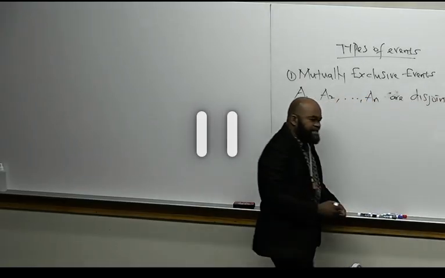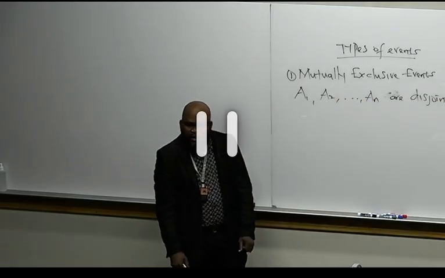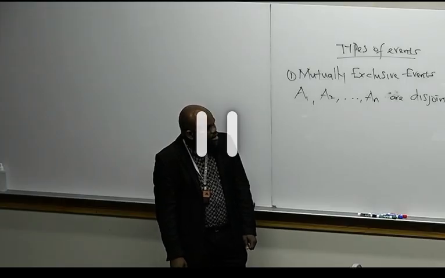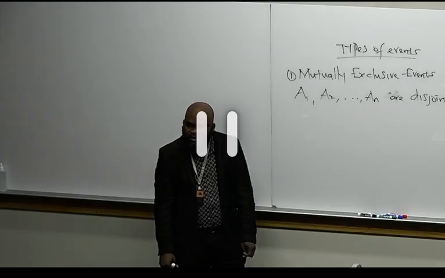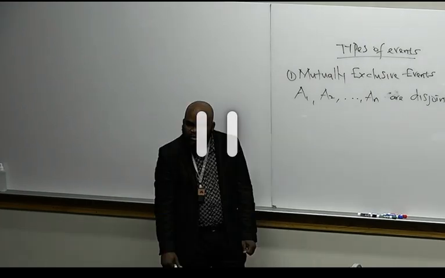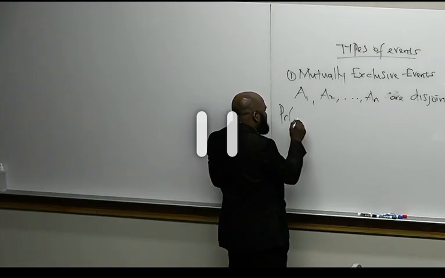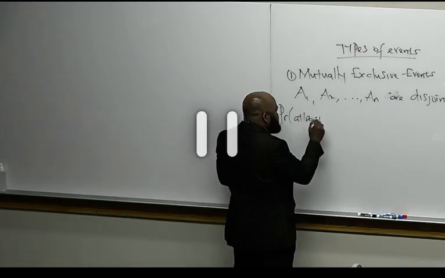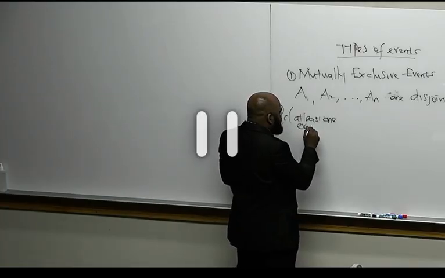If they are disjoint, and I want to find the probability that at least one event will occur, I'm going to say that again. I want to figure out the probability of at least one event occurring.